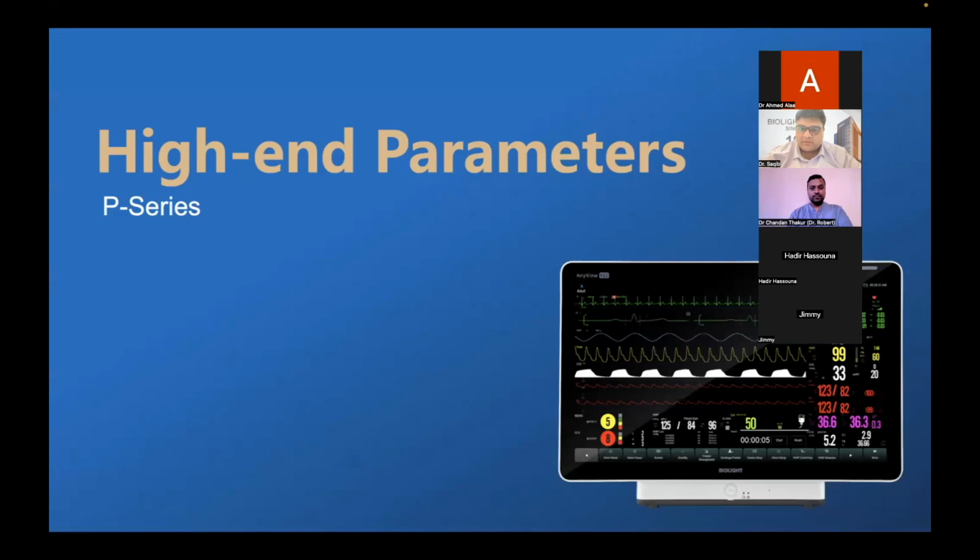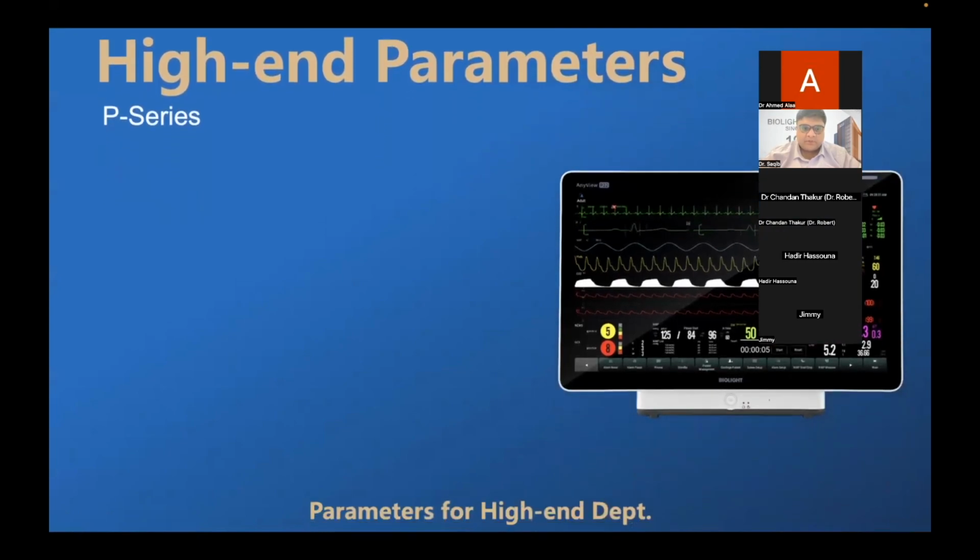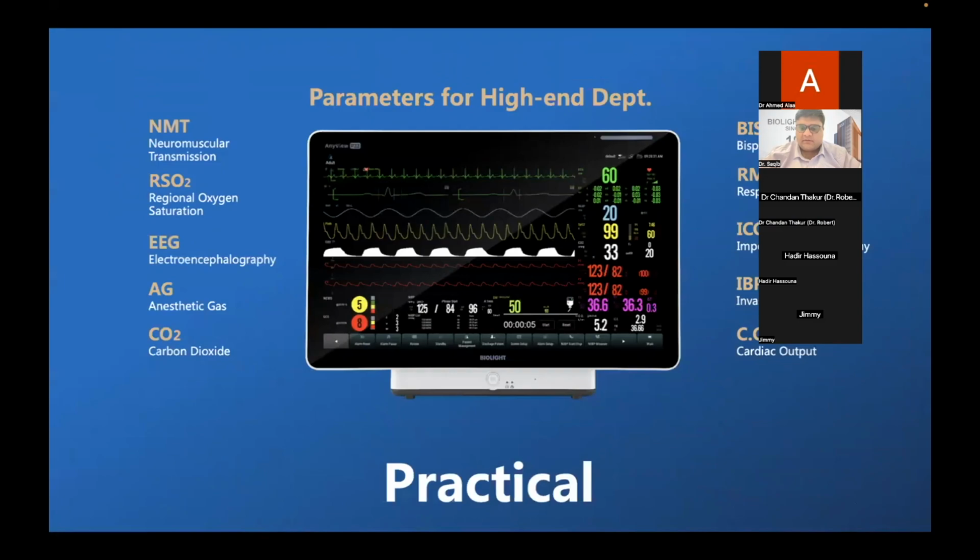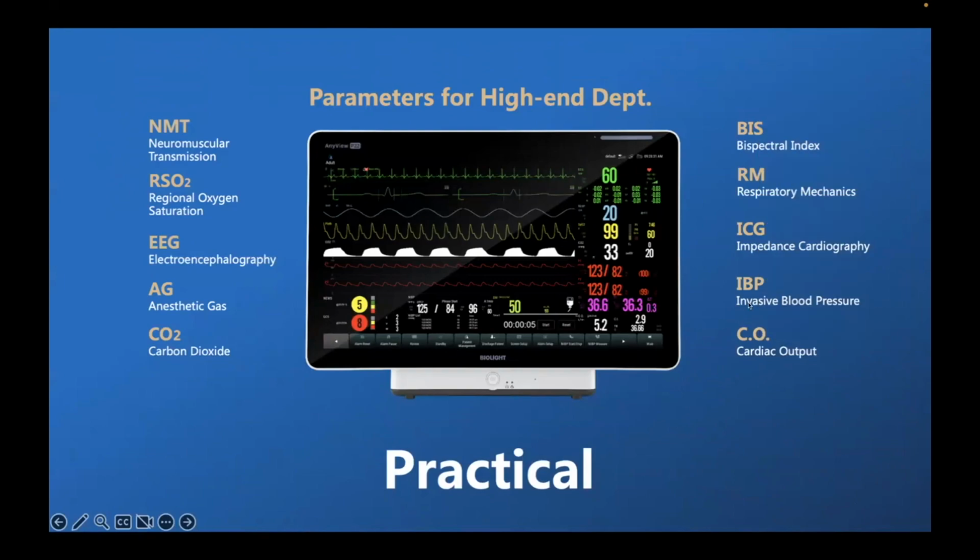So the picture you see is for our P22 monitor, which is a 22-inch monitor. So as Dr. Ahmed also described, we have a couple of parameters such as NMT, RSO2, EEG, and even bispectral index, and quite a lot of parameters that you might be viewing in the OR, in the ICU, in the emergency department.